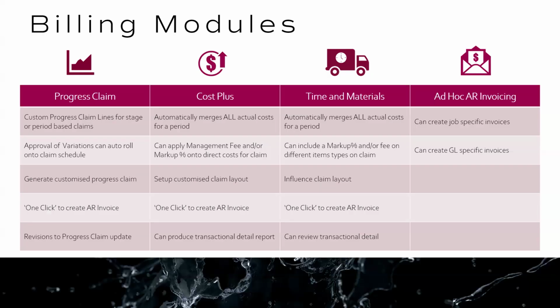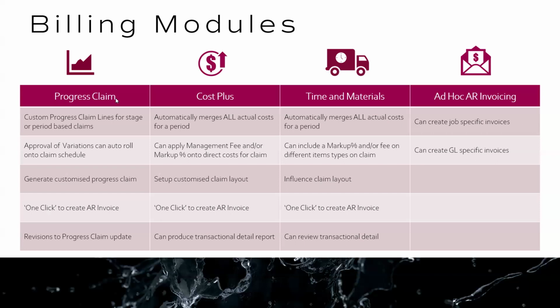If you have a job set up with the structure that you need to claim a progress, to claim each month, you must start the process by updating the progress claim details and creating an invoice from that screen, just to allow you to get those details into Premiere. The ad hoc, as I said, will be covered in an accounting session, and they'll go through the situations of when you would be using that.